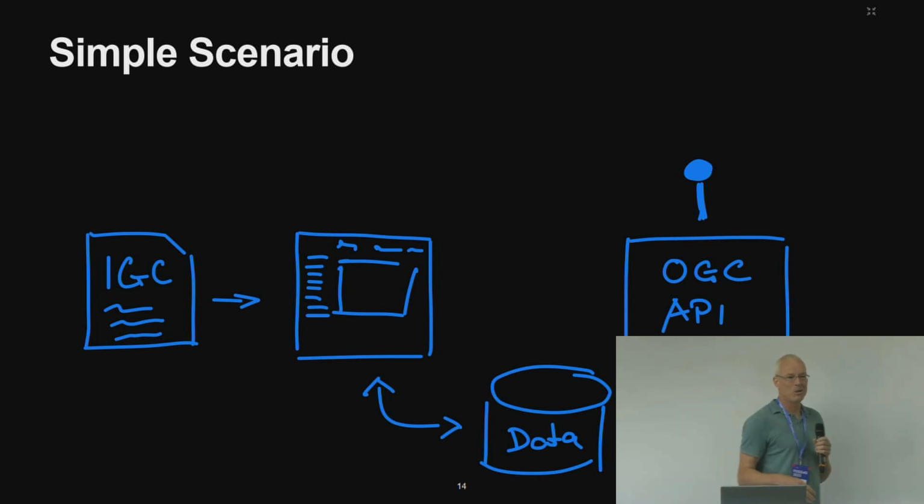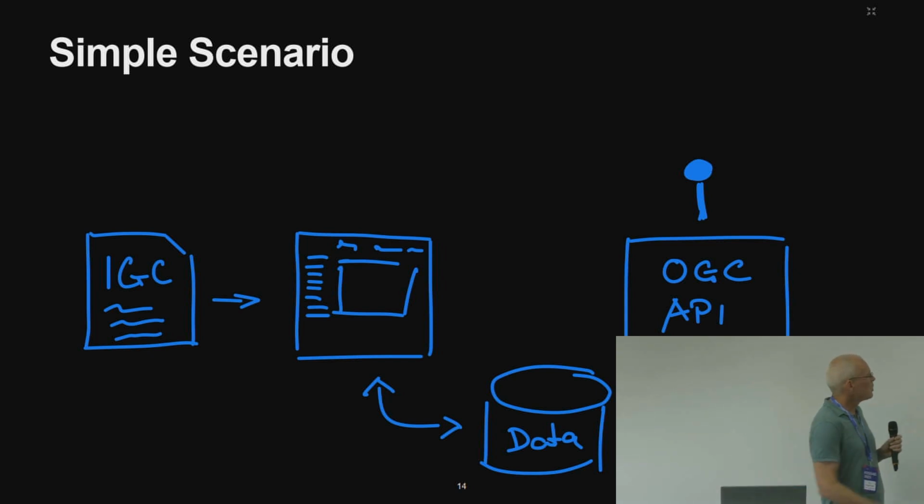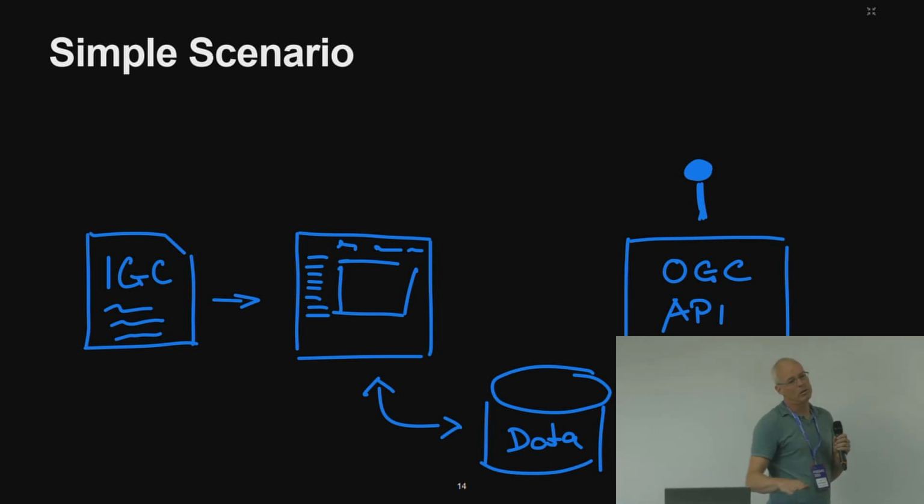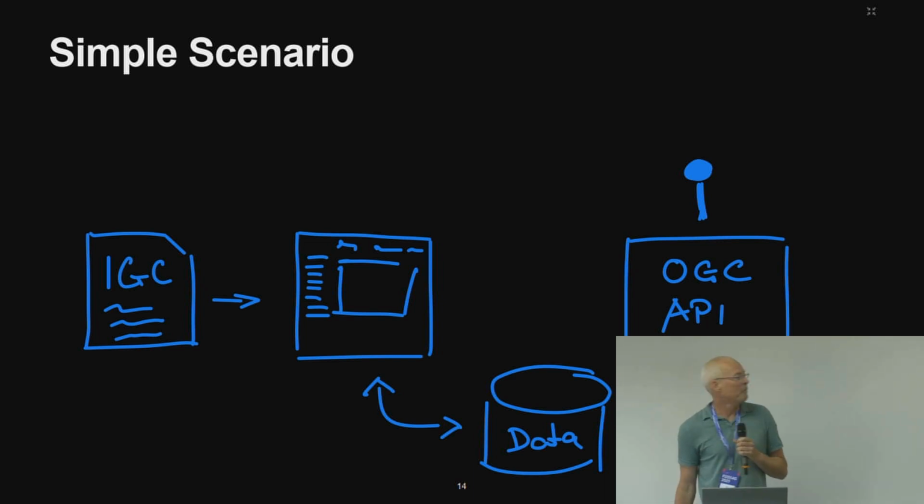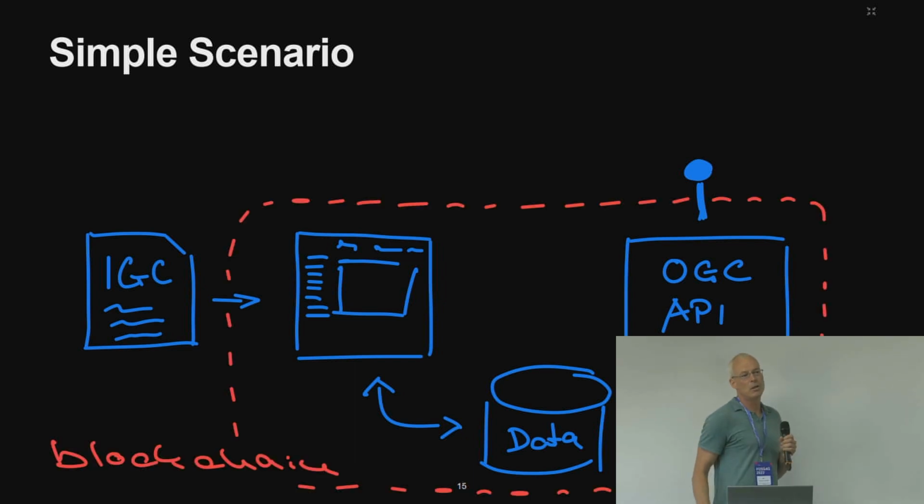You guess you cannot read it. So uploading some data to a web front end, storing it, and exposing the data via OGC API. This is stupidly simple, but it shall run within this blockchain. So that's the interesting part, I guess.